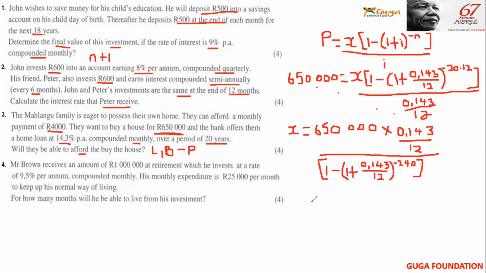Now you can use the calculator here, which is equals to 8,224.89 rand, which is greater than what the family can afford. So the family can afford 4,000. So no, they cannot.